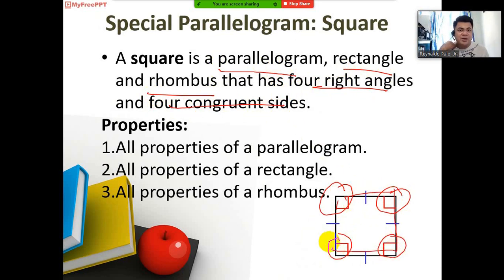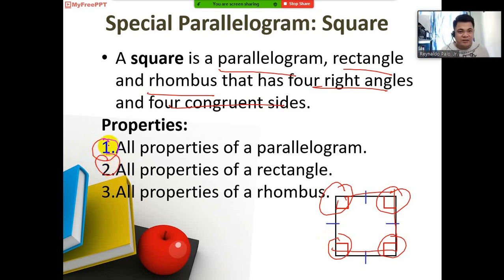That's why we also call it a rectangle and a rhombus, because the additional properties of rectangles and the additional properties of rhombuses are in a square. It is not just simply a parallelogram, it is also a rectangle and a rhombus. Those are the things you have to take note of for us to say that a specific parallelogram is a square. As you can see, all the properties of parallelograms and all the properties of a rectangle apply.